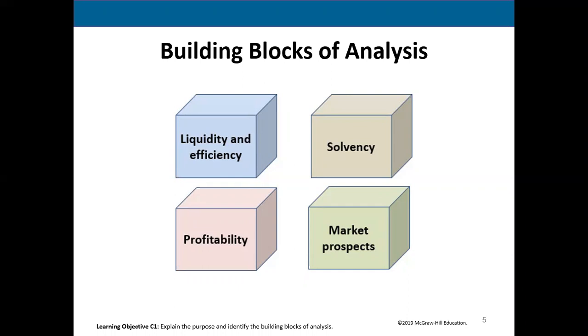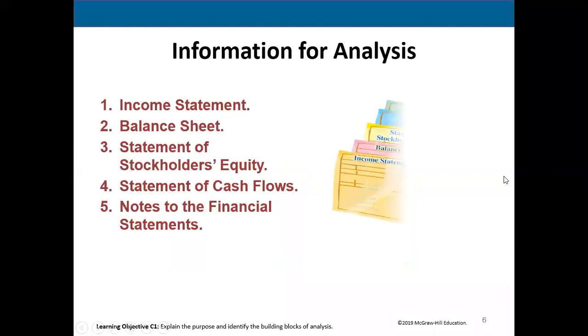How well can they pay longer term liabilities? Do they have the ability to do that? Profitability. How well do they make a profit? How well do they perform? And how well do they perform in the market? Market prospects, meaning out there where their stock is purchased and sold. So these are the items that we're really defining when we're assessing the health.